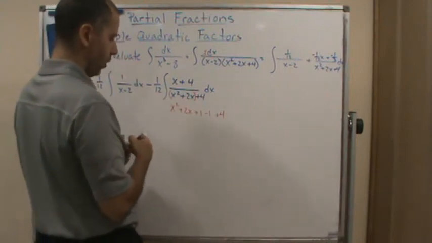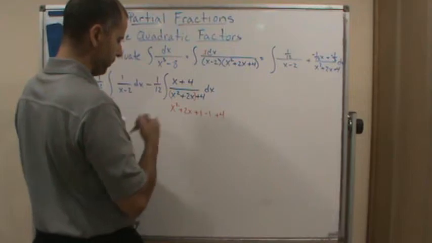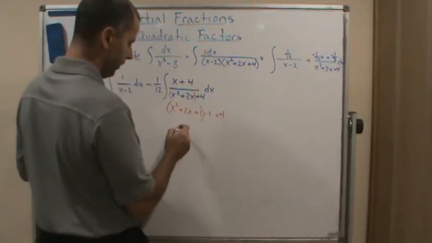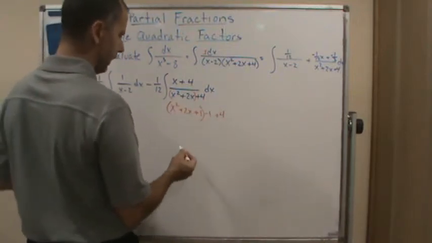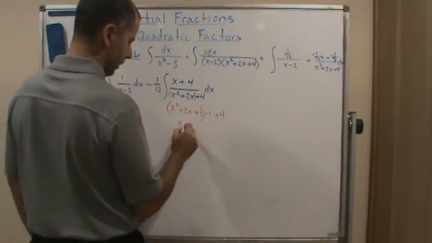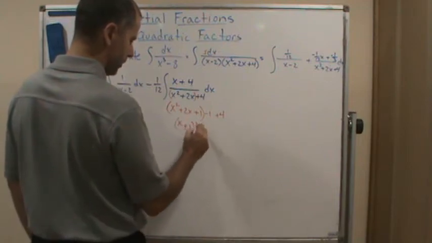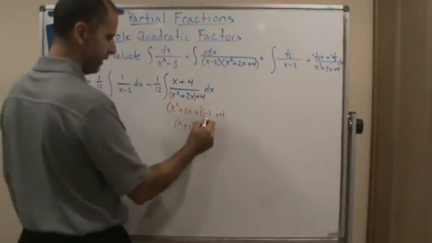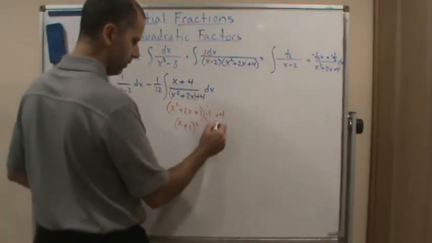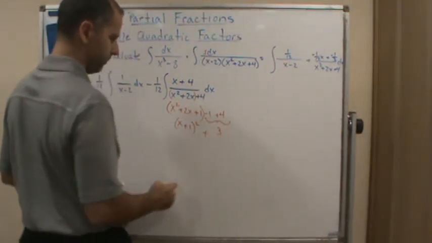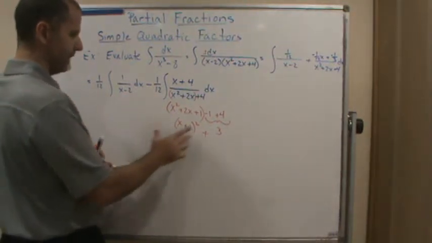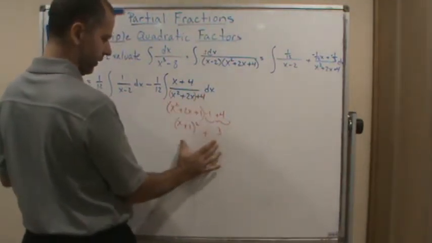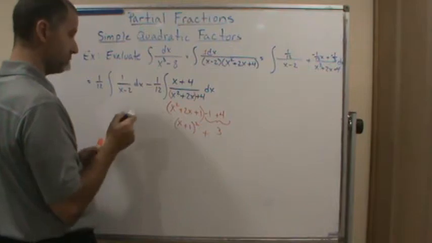So now this becomes x plus 1 squared. It's a perfect square. And then this over here becomes 3. So I'm going to replace this with this. Okay, so let's do that.